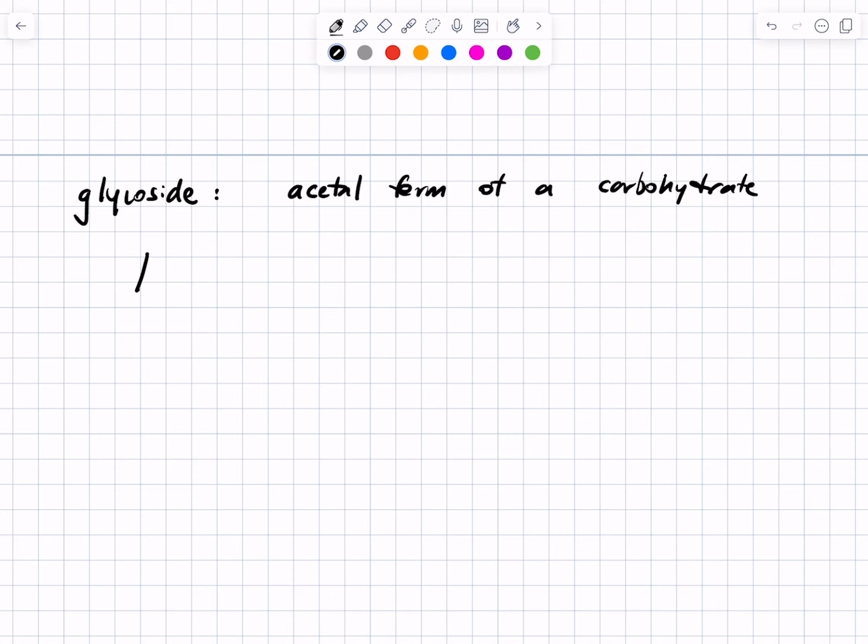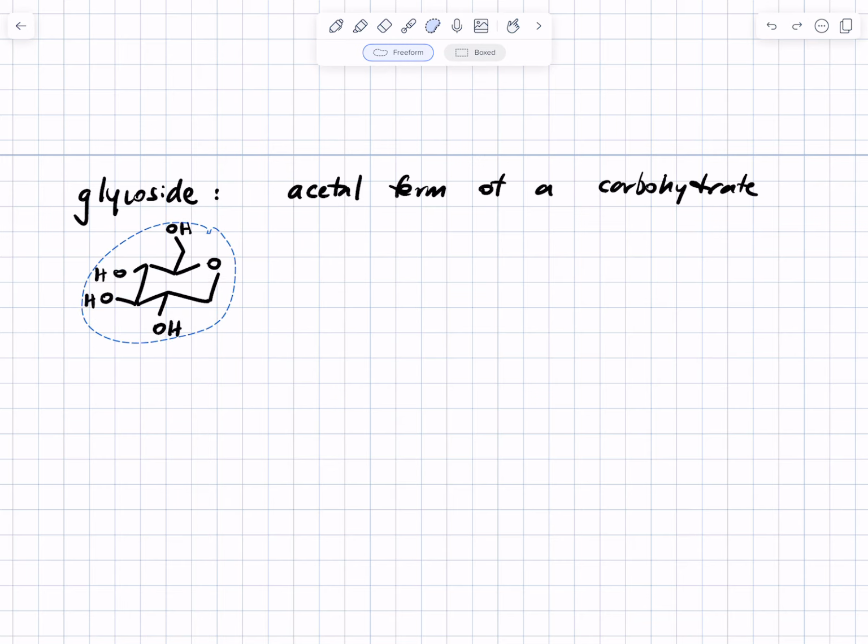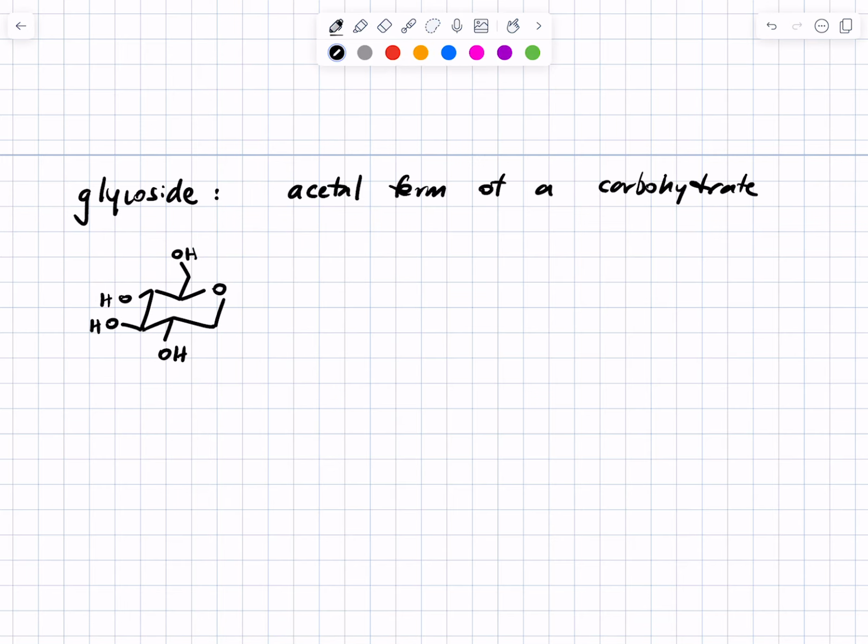So imagine that you have here beta-D-glucopyranose. Actually, in aqueous solution, glucose exists in its pyranose form, but in a mixture of alpha and beta anomers.